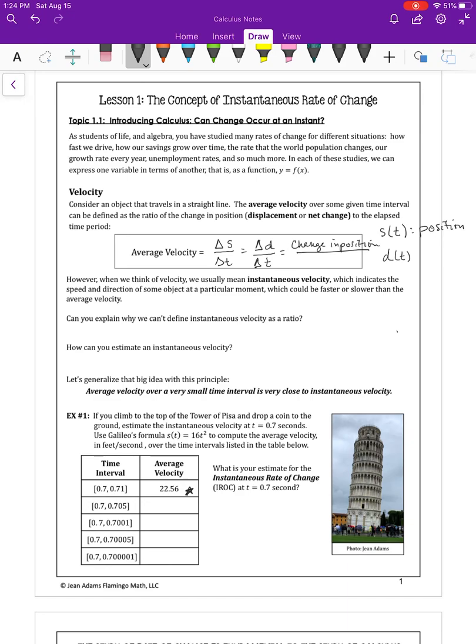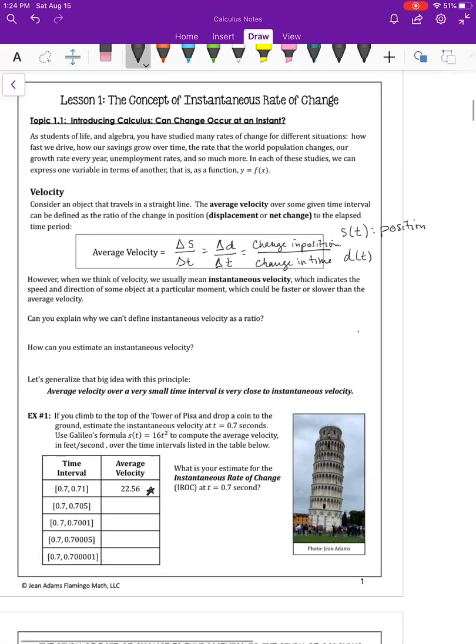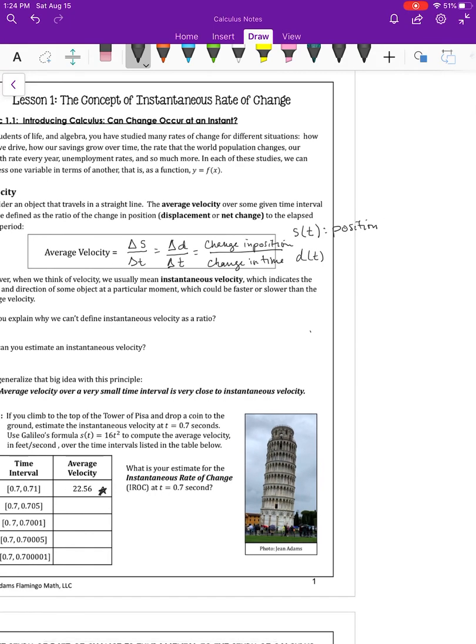So now, when we think about that and we try to think about instantaneous velocity, the problem that we have is, well, if I wanted to do it instantaneously, let's say my position function was d, and if I wanted to look at my change in position, it would be my second distance minus my first, over my second time minus my first.